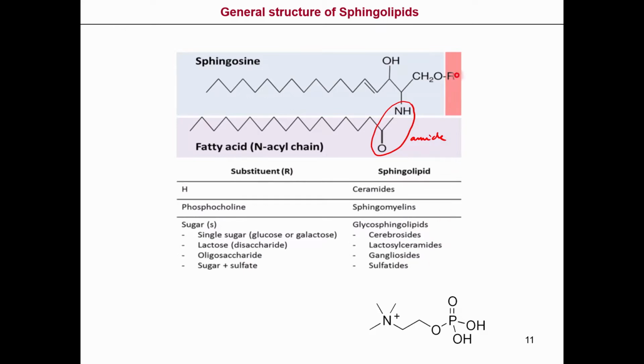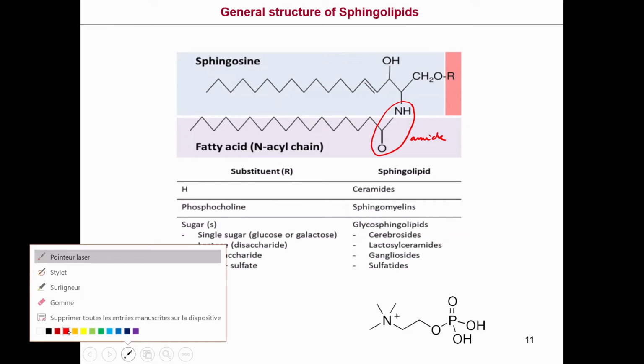So if it's H, it's called ceramide. If it's phosphocholine, which is this molecule, you will have sphingomyelin, and so on. And you have a lot of sugars at the surface; we will see that.